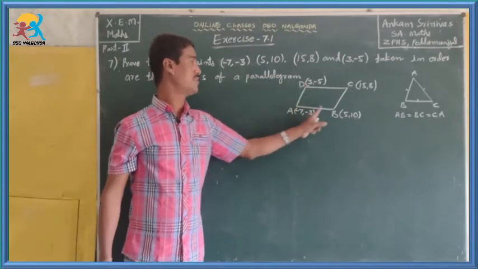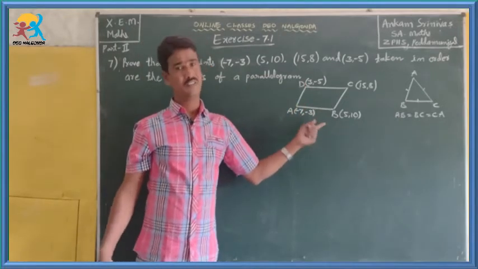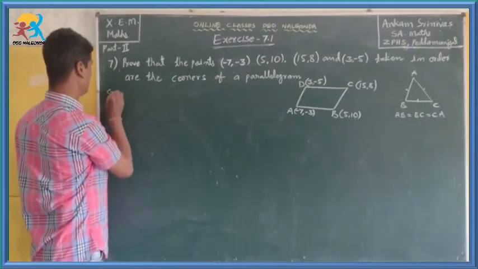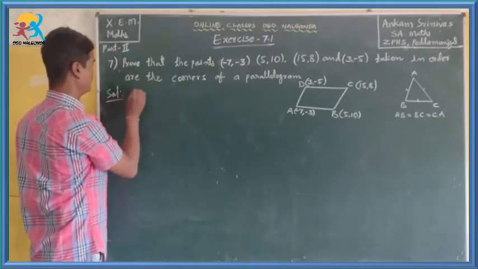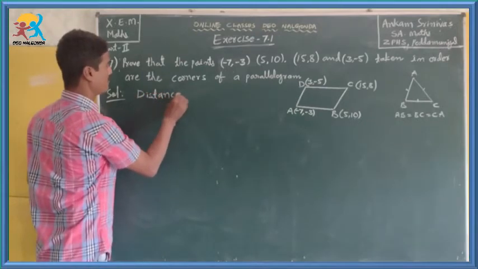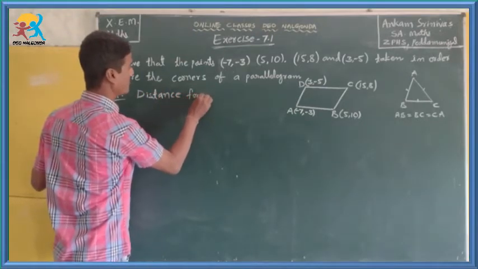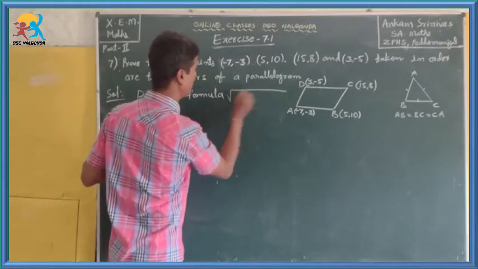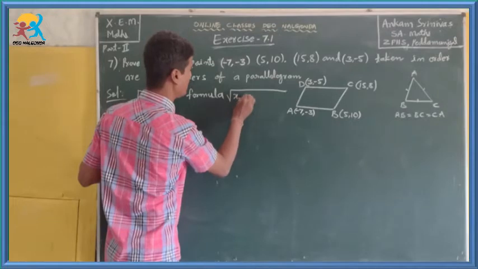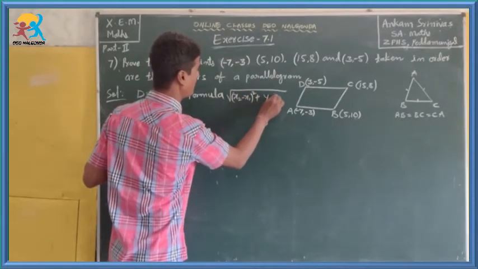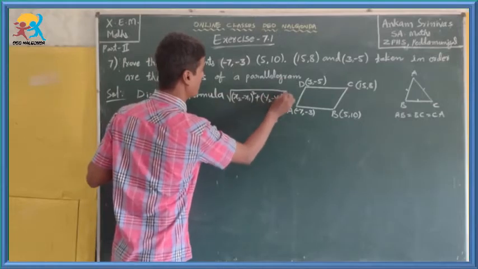How to find the length of sides of a quadrilateral? Using the distance formula. What is the distance formula? Square root of x2 minus x1 whole square plus y2 minus y1 whole square.